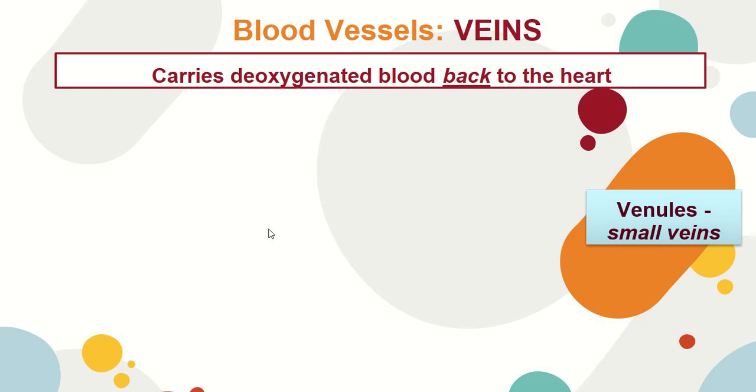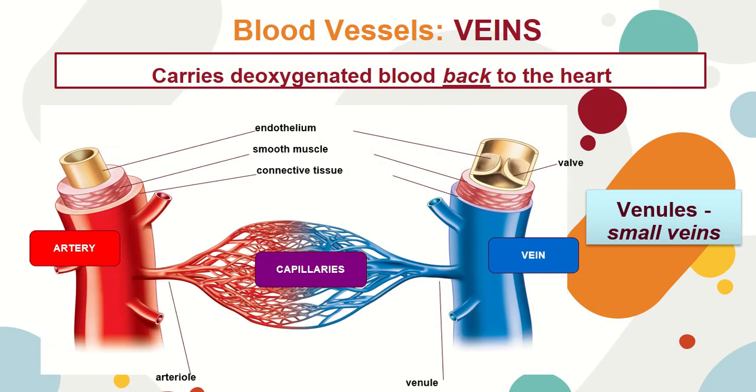Now, the second type of blood vessel is the veins. Veins carry deoxygenated blood back to the heart. So always remember our mnemonic: veins, back.